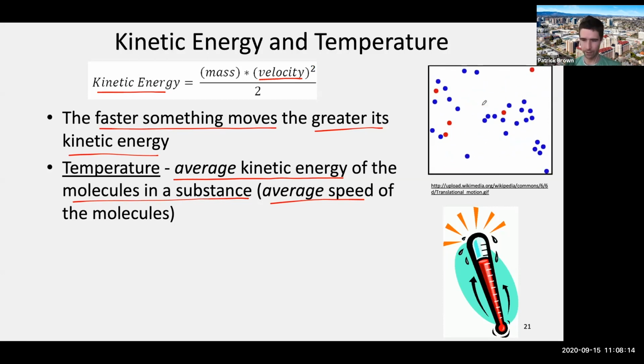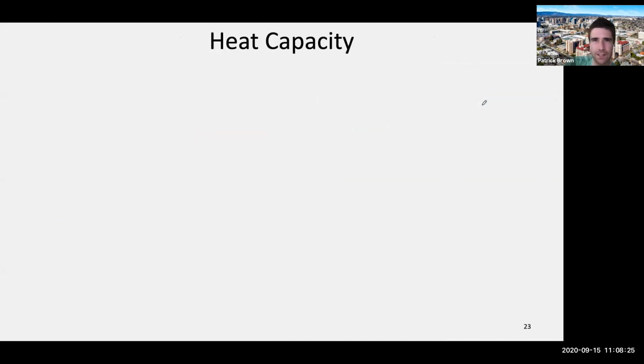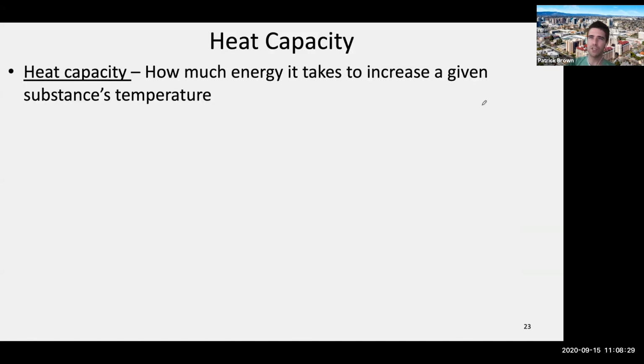So then the third definition of our first law of thermodynamics that we saw in our equation is heat capacity. Heat capacity is how much energy it takes to increase a substance's temperature.